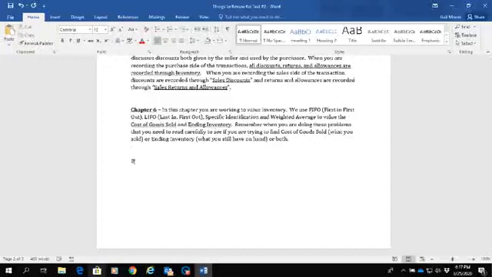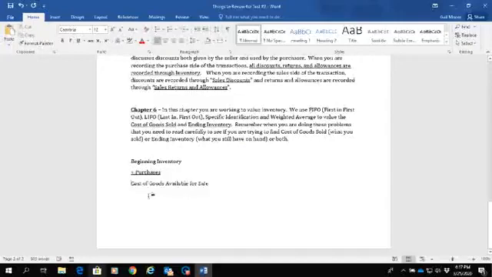And remember that your beginning inventory plus purchases equals your cost of goods available for sale, which means what you have on hand plus what you bought is what you can sell, right? That's your goods available for sale.